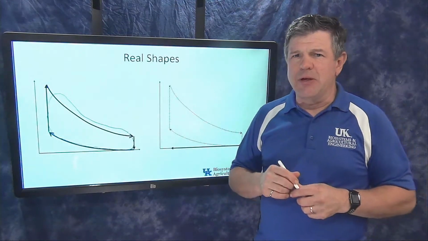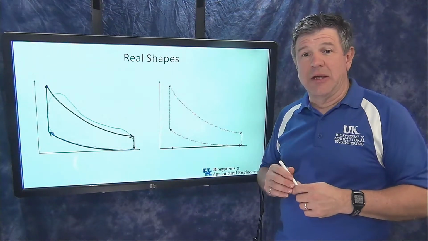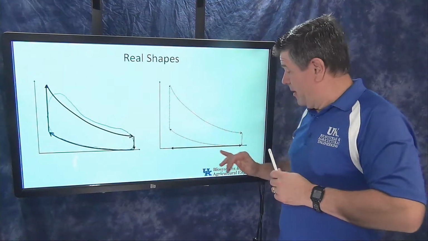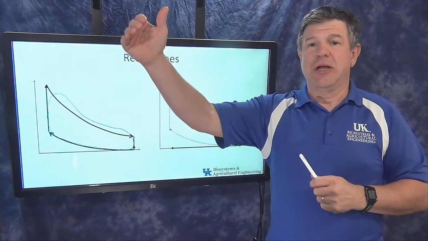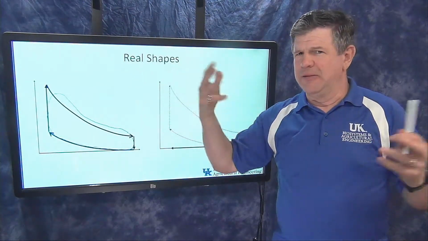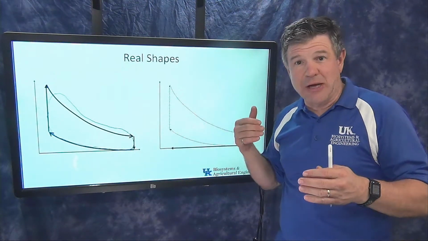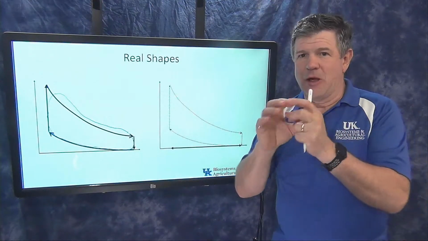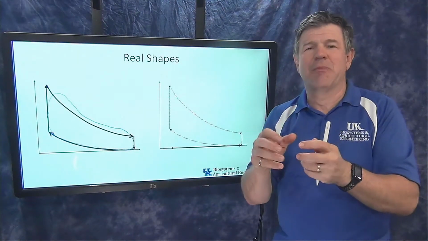Now, what might be of a little bit more importance to us is what really happens with the exhaust and intake stroke. And remember the exhaust stroke, we said, hey, that's right along the x-axis here, so we're pushing that exhaust out, and it shouldn't take much pressure to do it. Well, yeah, it is going to take some pressure to do it, because I have to push that exhaust. It's got to go out through that exhaust valve, so there's going to be some restrictions there and a little bit of pressure drop.